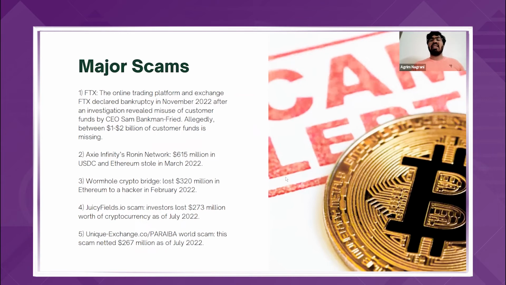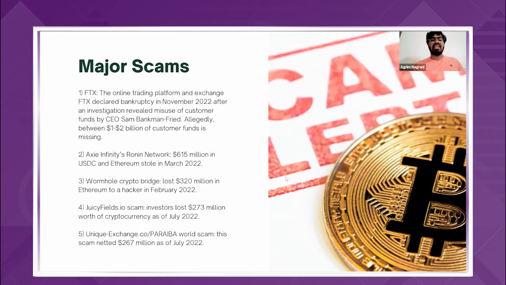After the investigation, it was revealed that Sam Bankman-Fried, who was the owner of this crypto exchange, has allegedly transferred funds from the exchange to a crypto-based entity, redirecting the funds. It has been in the news that almost $1 to $2 billion of customer funds is missing from the exchange. And after declaring bankruptcy, the customers of the exchange are not even able to withdraw their funds.